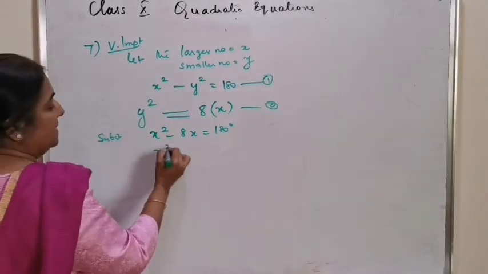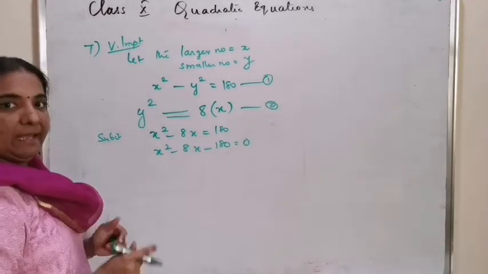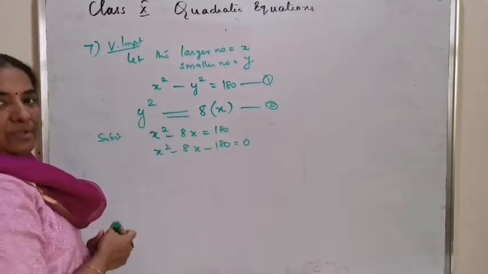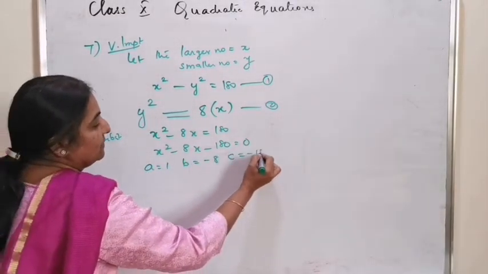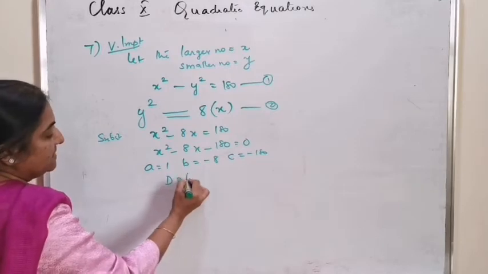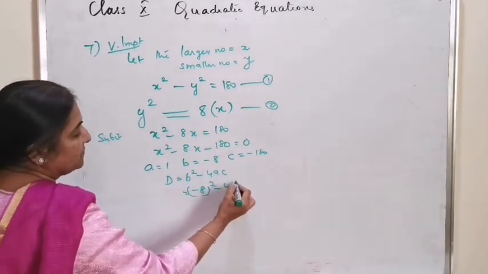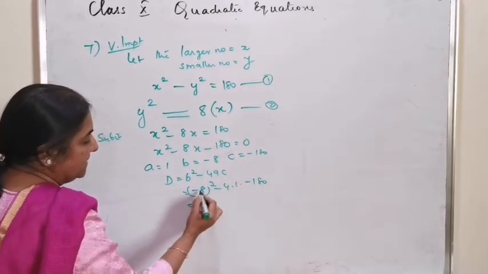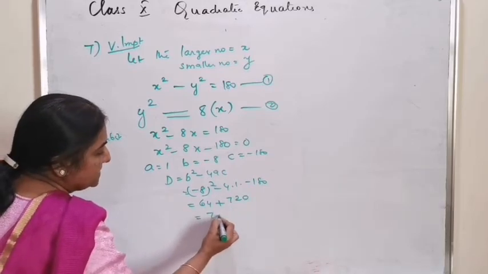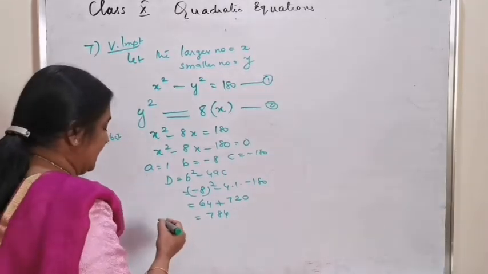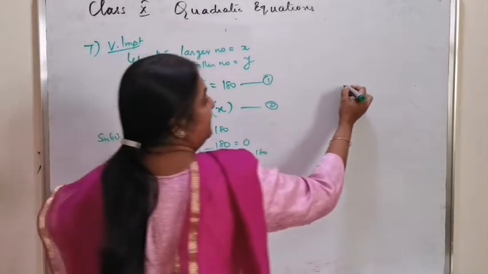Substituting, you are getting a quadratic as x square minus 8x minus 180 is equal to 0. And anyway, you can proceed as a is equal to 1, b is equal to minus 8, c is equal to minus 180, D is equal to b square minus 4ac, which is minus 8 whole square minus 4 into 1 into minus 180, 64 plus 720, 784. How to find the square root of 784 by long division?